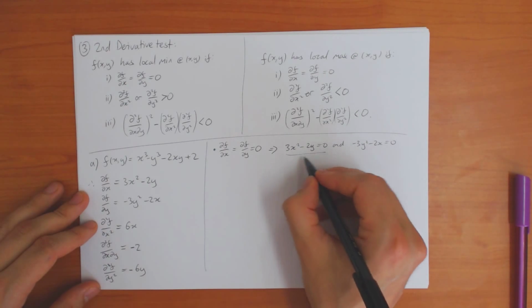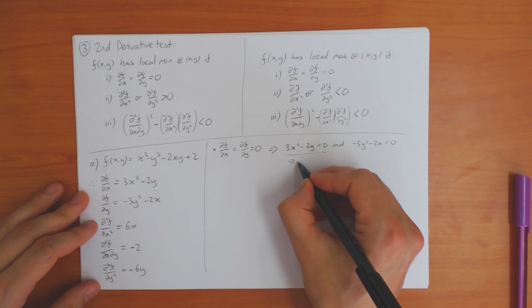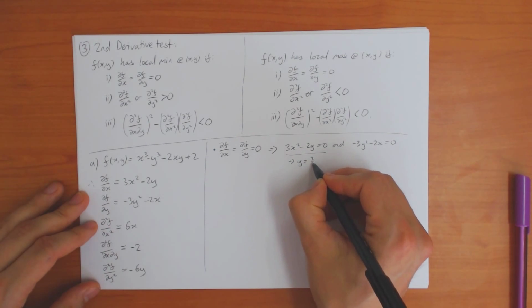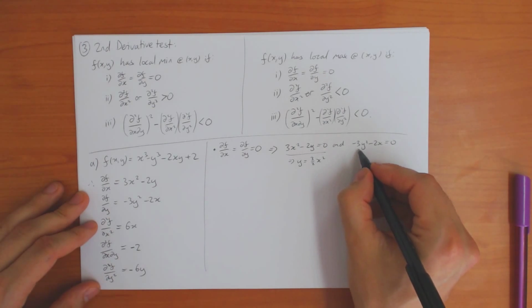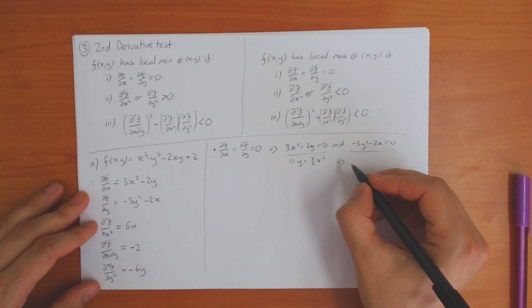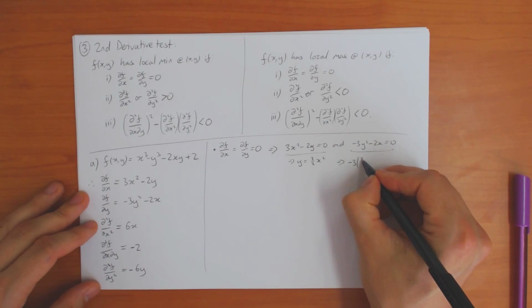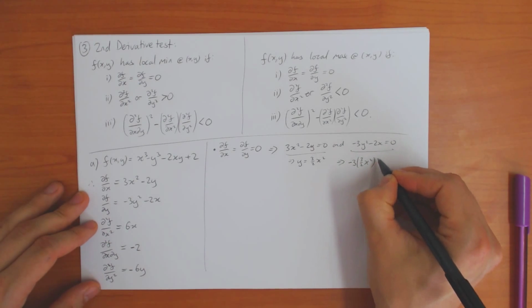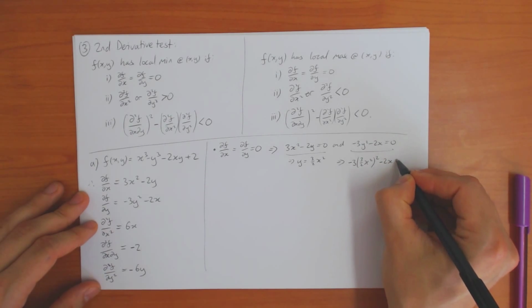Okay, so we can use this one to get y as a function of x. So this means y is 3 over 2 x squared, and then let's put that value of y in here. That gives you minus 3 times (3 over 2 x squared) squared minus 2x is 0.